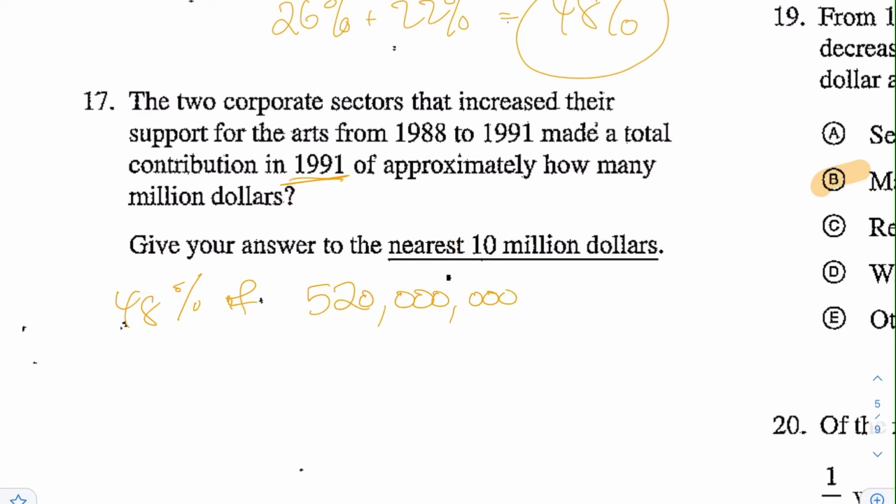So here you can turn this percent into a decimal or a fraction. Either way is fine. This would be 0.48. And because you want your final answer in millions of dollars, you'll be rounding to 10 millions. You can just multiply by 52 and then just add the 7 zeros.